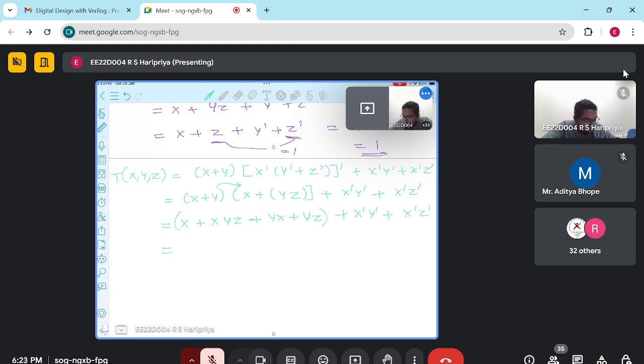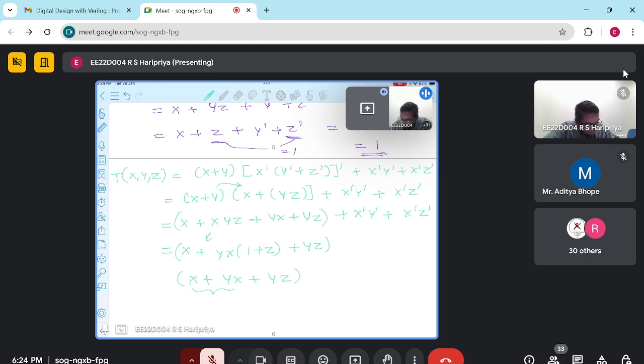So next, in this whole term we want to reduce it. So x plus, if we take yx common, it is 1 plus z, plus yz. And then x plus yx plus yz.